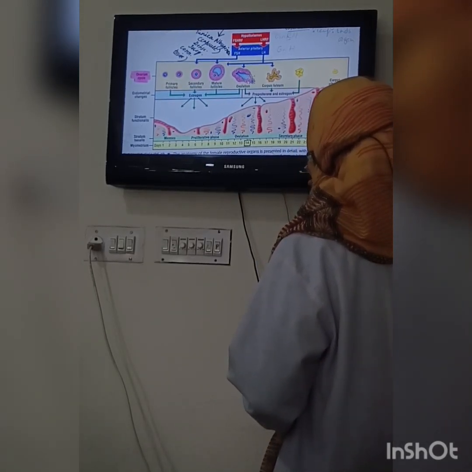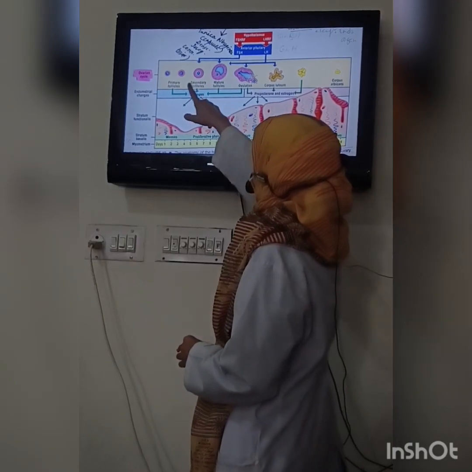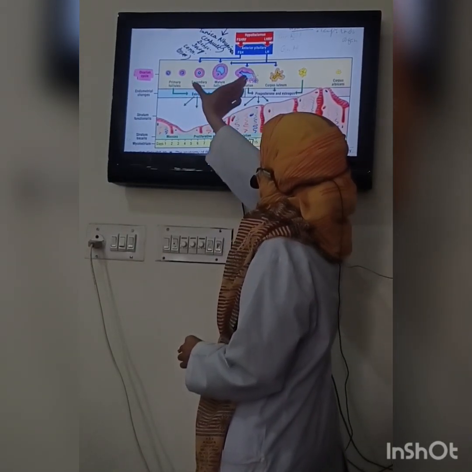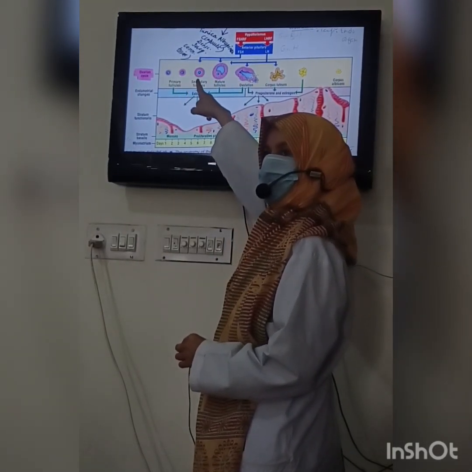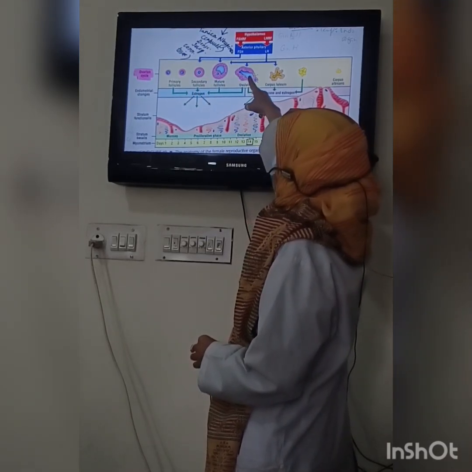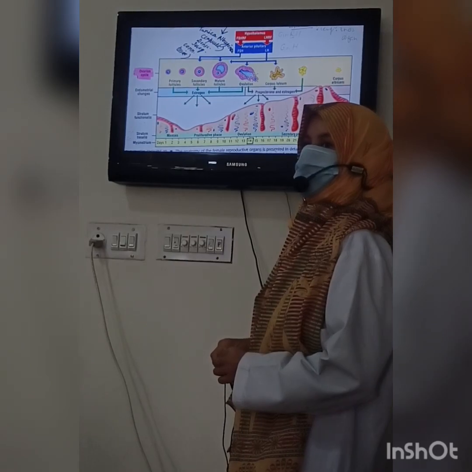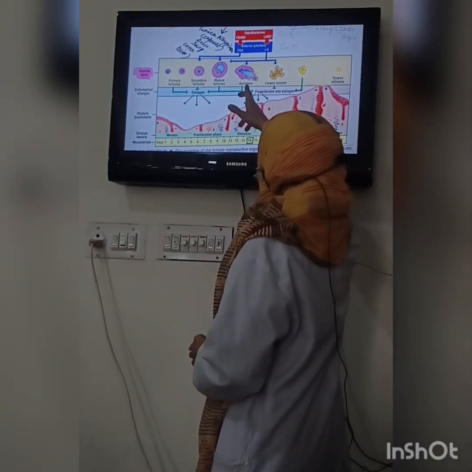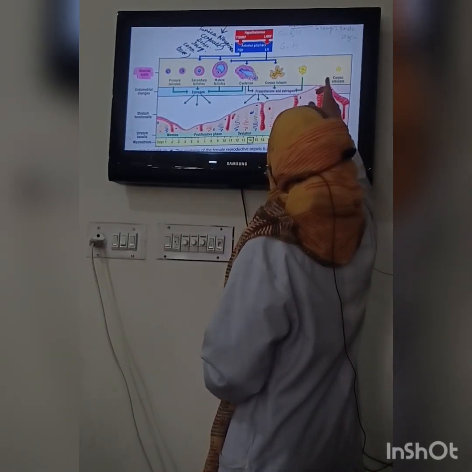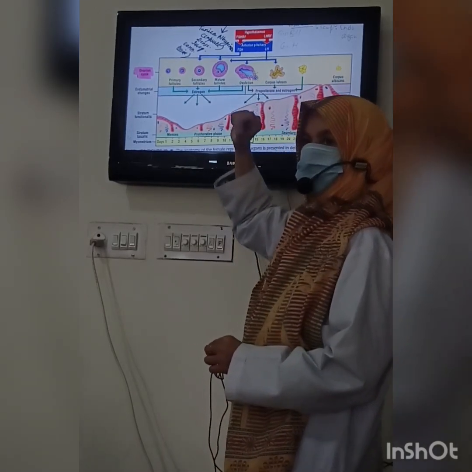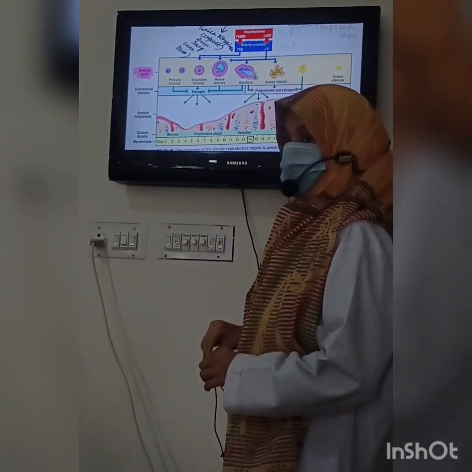So let's see what's going to happen. The phases of the ovarian cycle were the follicular phase, in which the follicle was supposed to develop and pass through different stages of maturation and differentiation, right? Then there was ovulation, and we enter into the luteal phase because of the corpus luteum, right?